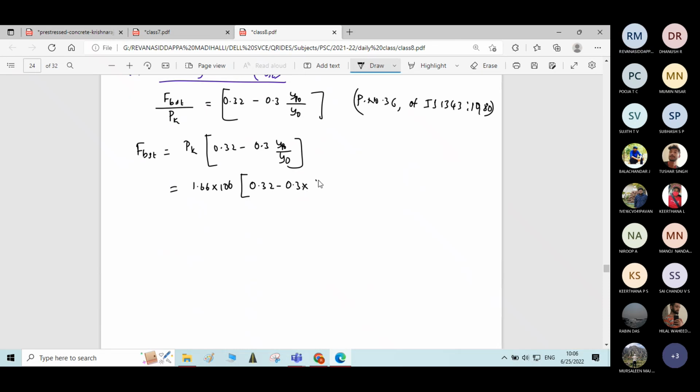Therefore, the FBST bursting force is equal to 282.2 into 10 power 3 Newton. You'll get this answer.